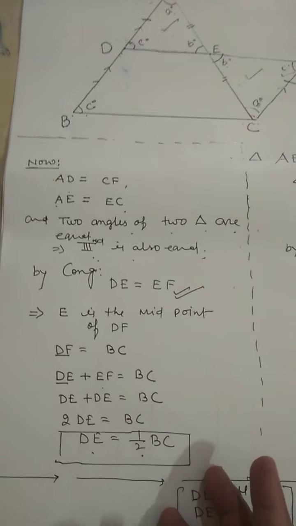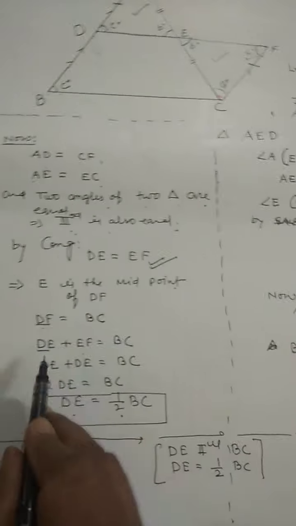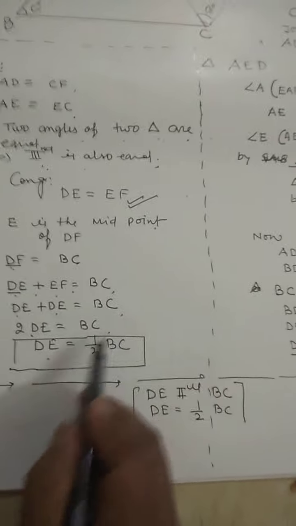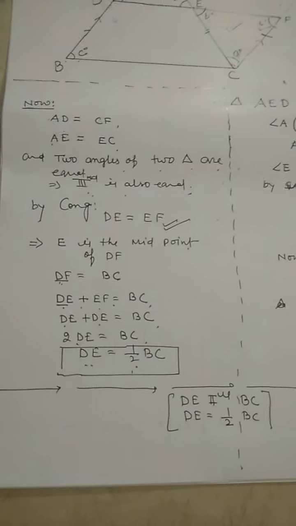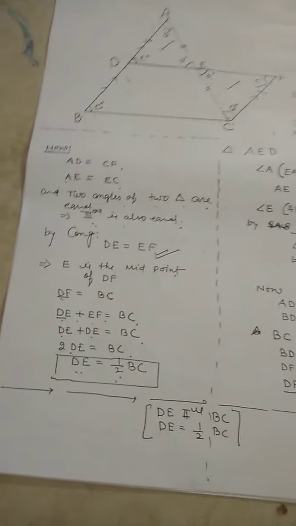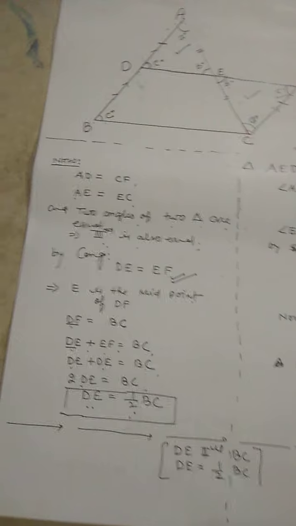So by congruency, the third side is automatically equal. After that, E is the midpoint. So DF is equal to BC. Now DE plus EF is equal to BC. DE plus DE is equal to BC. 2DE is equal to BC. DE is equal to half of BC. So it's very clear: joining the midpoints of a side gives half of the opposite side.